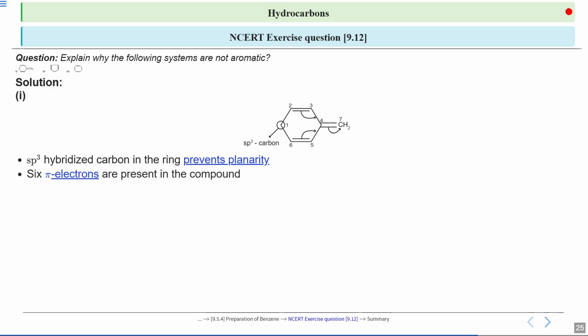Even though the compound has 6 pi electrons, which is the right number for aromaticity according to Huckel's rule, it is not enough by itself. Pi electrons are the electrons found in double bonds, and having 6 of them is a good sign. But other conditions must also be met.